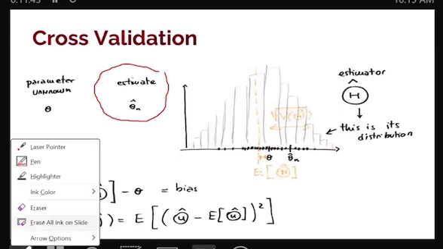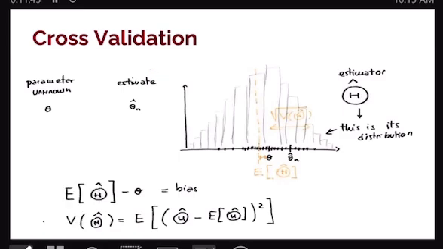Now, the next thing that I want to do is the way cross validation works. We are going to have what I call the data set.